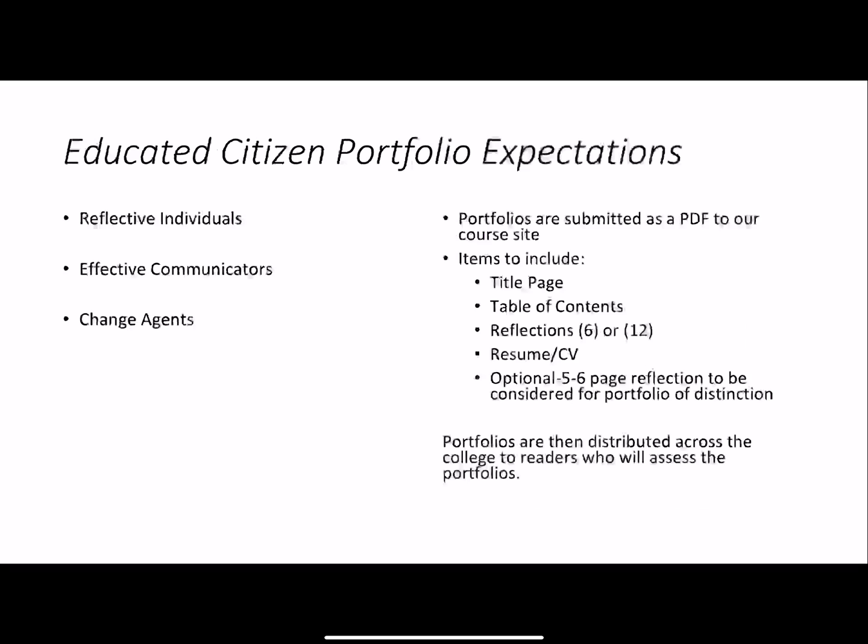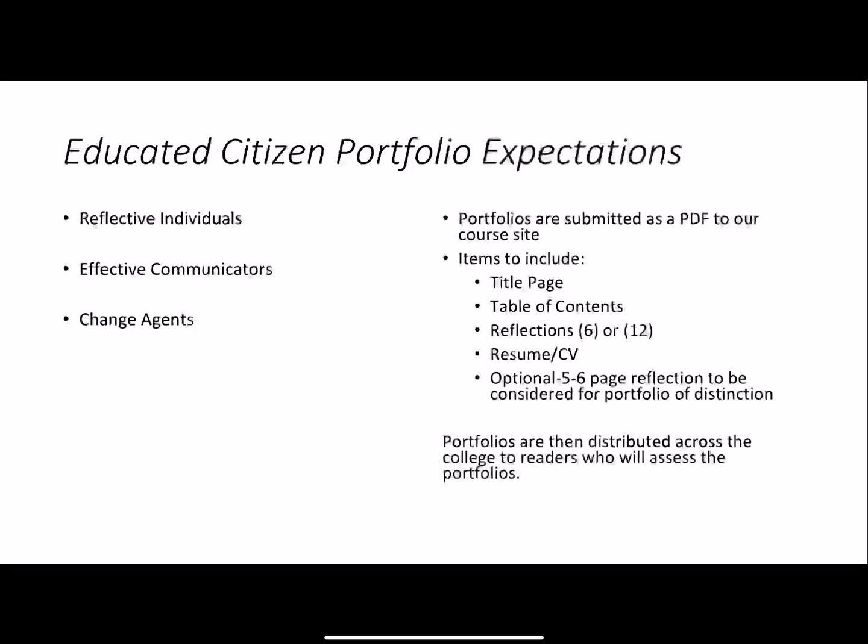Next are the reflections. Now, depending on your degree program, you will have a different number of reflections in your portfolio. So if you're a member of the RN to BSN program, where you spend a shorter amount of time at Methodist, you will only be submitting 6 reflections: 2 effective communicator, 2 reflective individual, and 2 change agent.